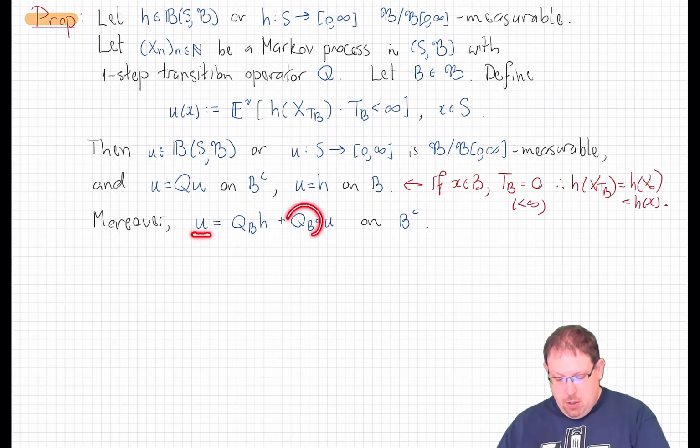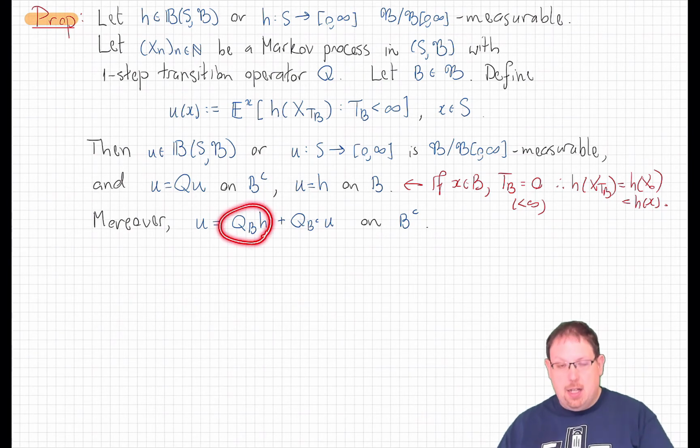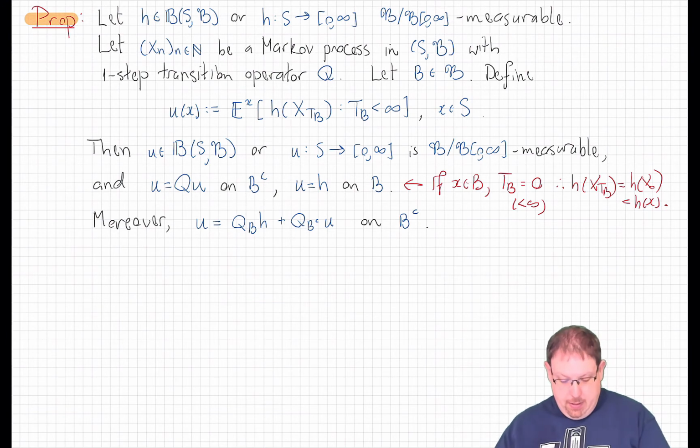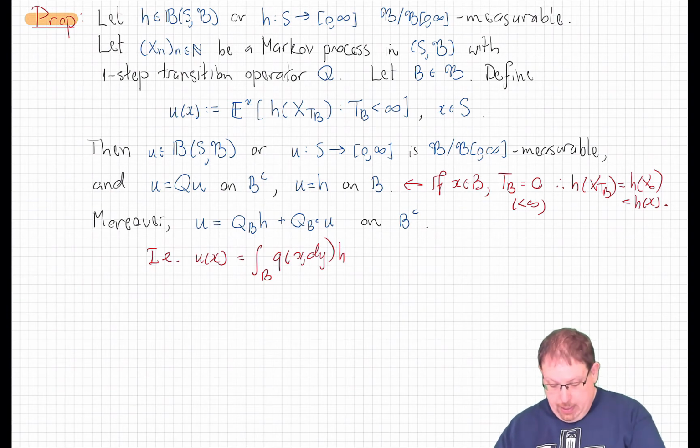U is the restricted transition operator QB complement applied to U, plus this constant function, QB applied to the input function H. To be clear about what that means, what this is saying is that for every x outside of B, U of x can be computed by integrating the kernel Q against the function H on B, and then adding this recursive term, the integral over B complement of the kernel against U.